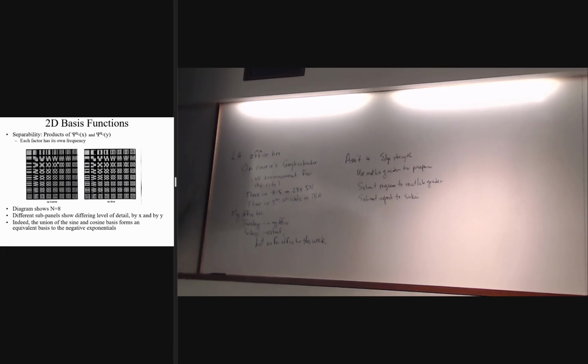And then all the rest are simply products of the other two. So this one is basically a product of this one and that one. It's got an X frequency and a Y frequency. That is, the period is the full image width, and so on. Okay, so you get the general idea, I hope.